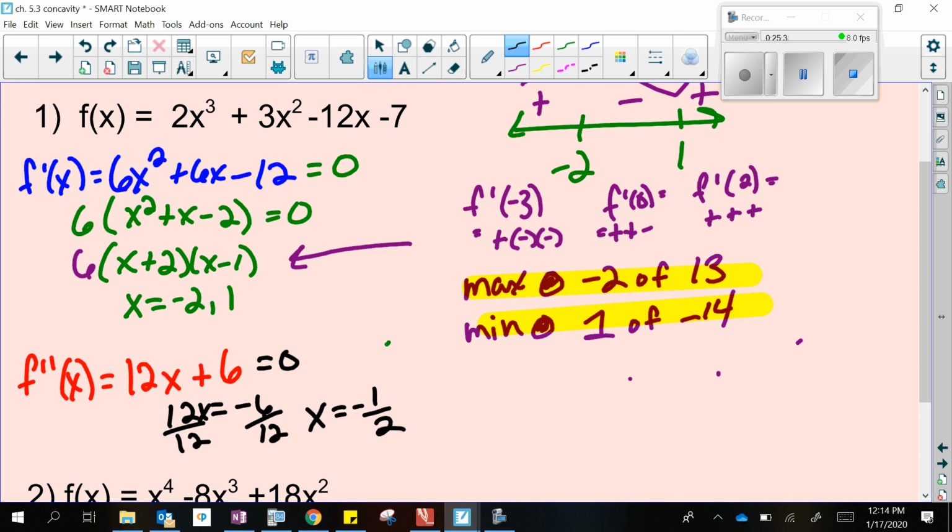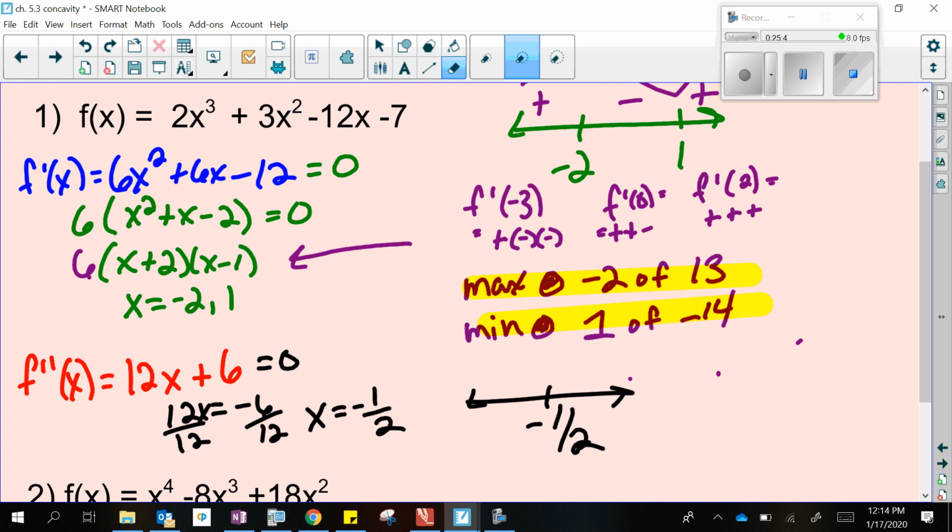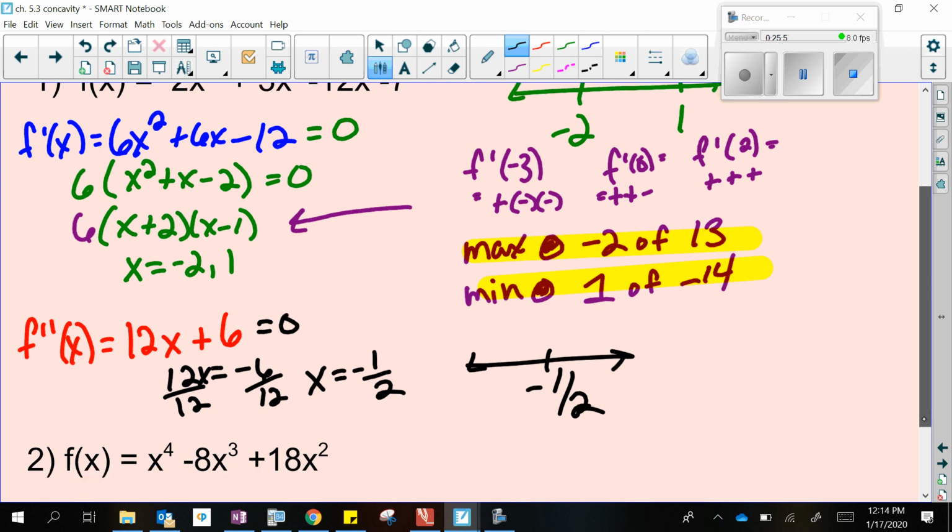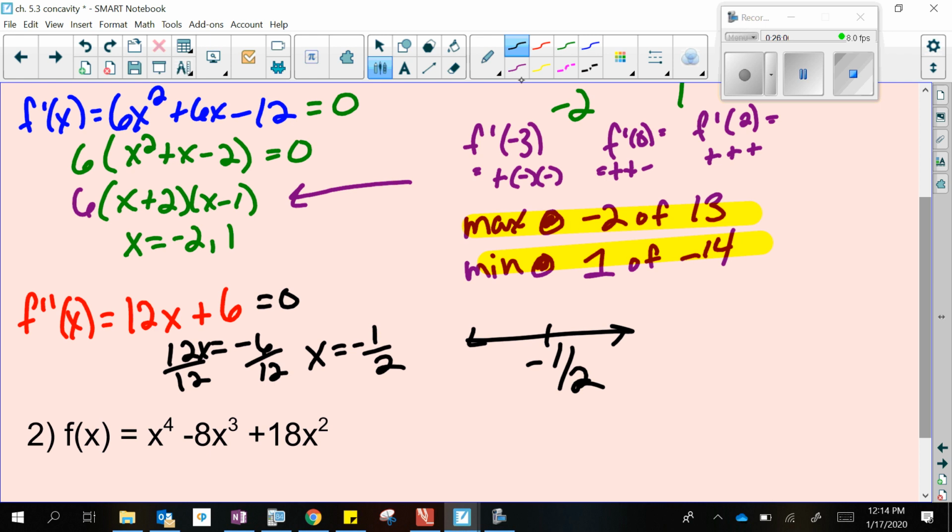Okay. So we draw another little number line, because this one is all about concavity now, right? So we know we have an inflection point at negative 1/2, so concavity is changing there. You want to find out which way, right? So we choose something less than negative 1/2, say negative 1, and plug it into our second derivative.